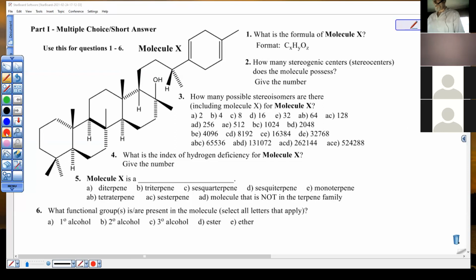So if we can do the circles, we can get 1, 2, 3, 4. And then we'll do another circle, 1, 2, 3, 4, and then another circle.